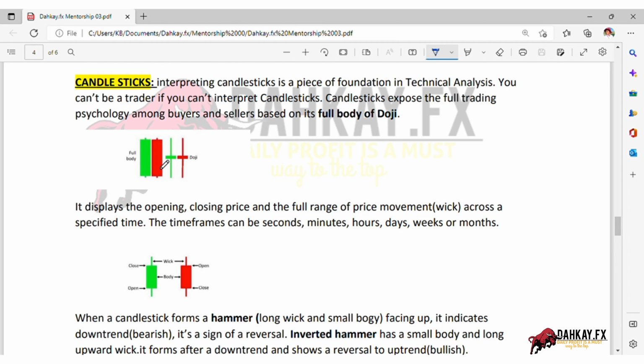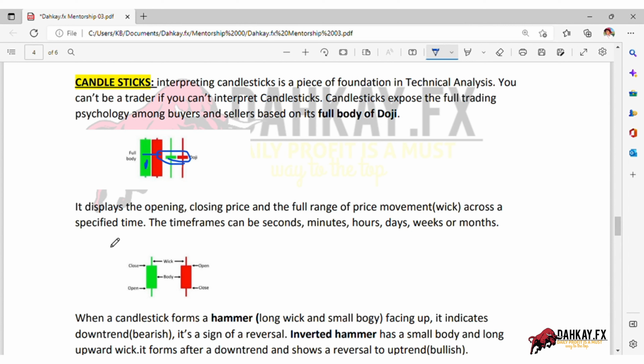Usually the green candlestick is for a buy or a bullish price or a bullish trend, guys. You'll basically see this type of candlestick when the market is bullish, and the red ones when the market is bearish or going down. So this is the body of the candlestick, and these are doji, as you can see.